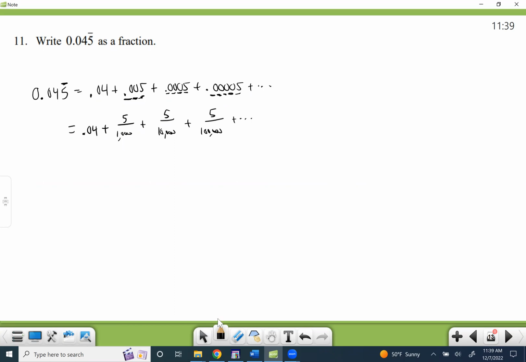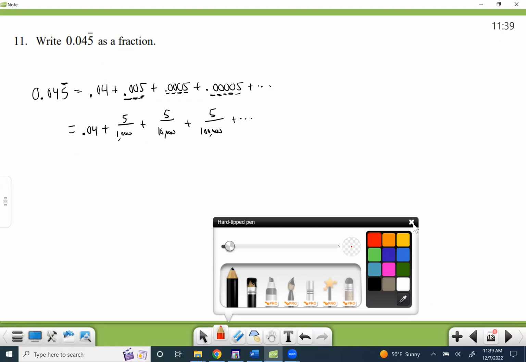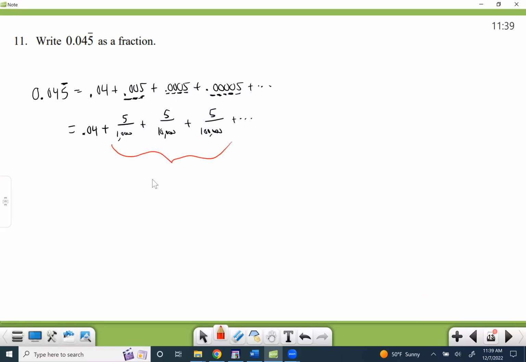So what I mean by throwing out the 0.04 is that it doesn't really fit the series. I'm claiming from here on, this is an infinite geometric series. You can tell what r is. Well, what did I multiply to get from 5 to 5? A 1.